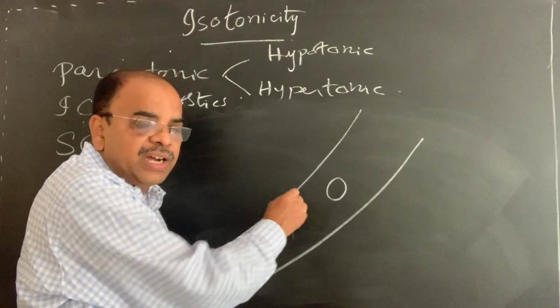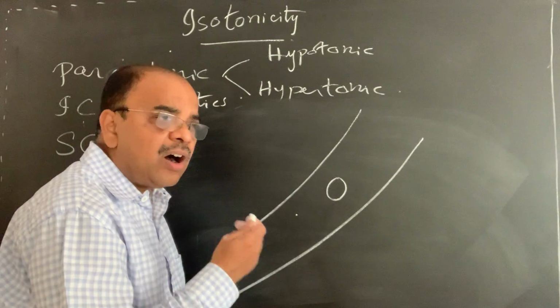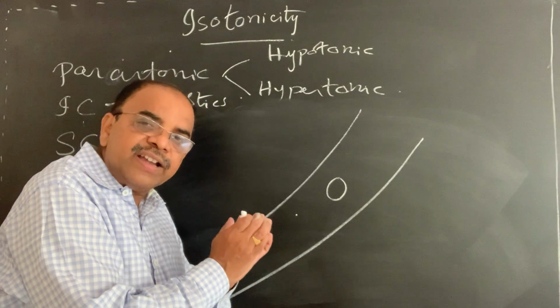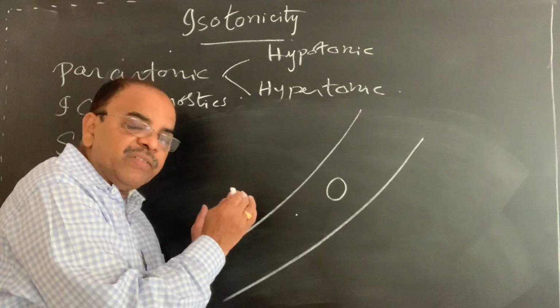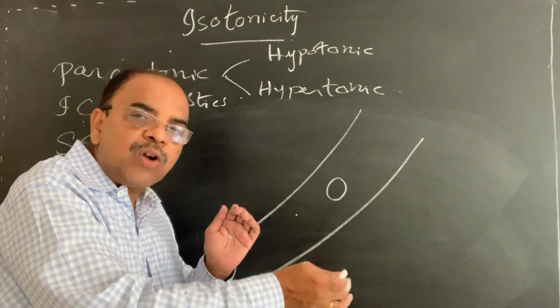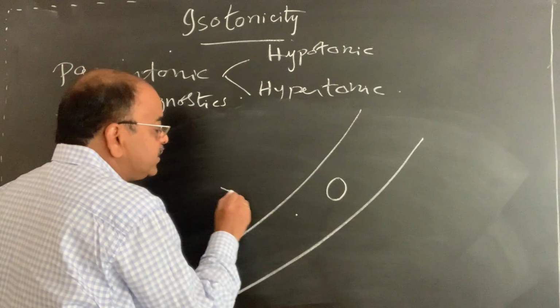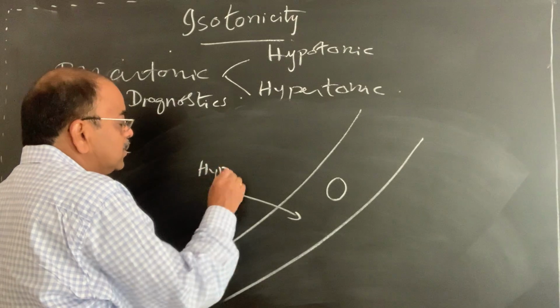Outside the RBC, we have the plasma components and other things. As such, an osmotic condition is maintained between the components inside the RBC and outside the RBC, right?